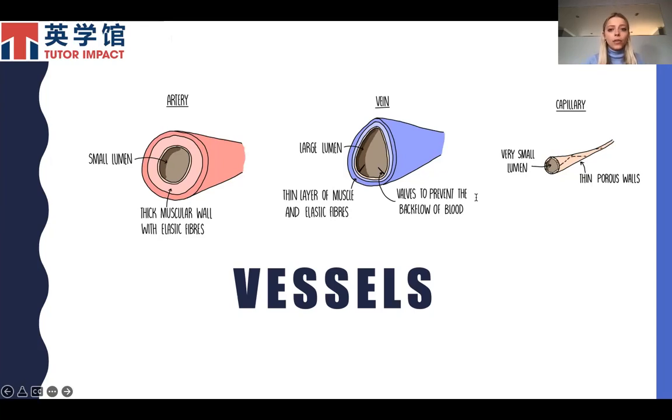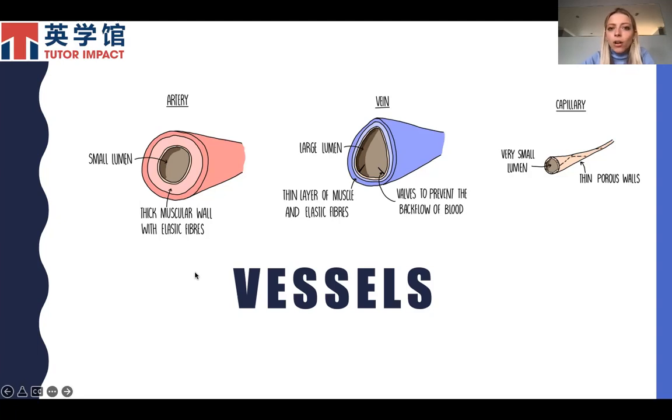As the blood flowing through veins is at much lower pressure, the veins have a large lumen and much thinner walls, which do contain elastic fibers, but not as much as the artery. The veins also contain valves, which stop the slow-moving blood from flowing backwards in the wrong direction. And the contraction of muscles helps push the blood along through the veins.